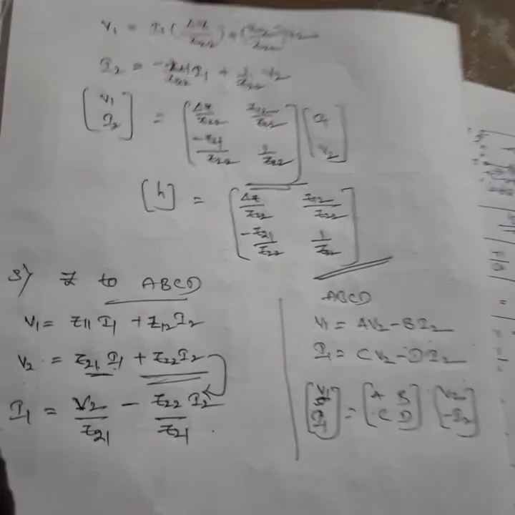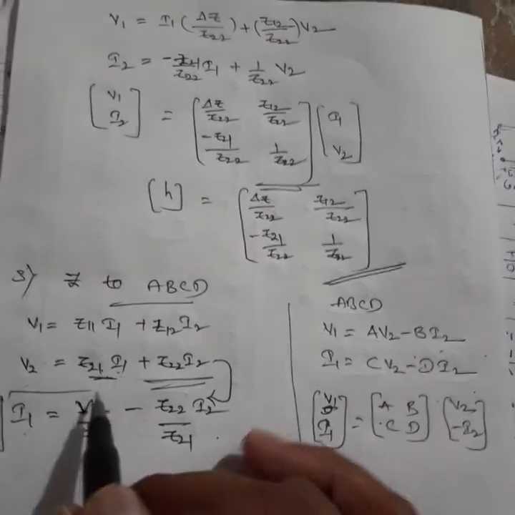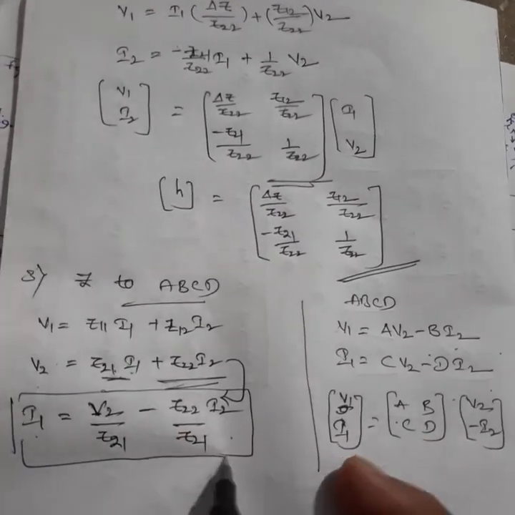This is the equation, so I1 is in terms of V2 and I2.